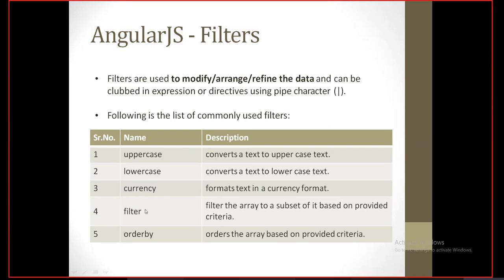Then we have the filter type of filter. Literally, we are going to filter out some subset from a given array depending upon whatever criteria is provided. And then we have the orderBy filter, which is going to arrange any array based upon the provided criteria.